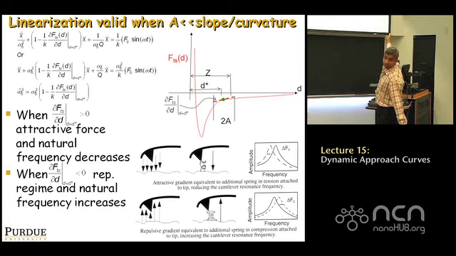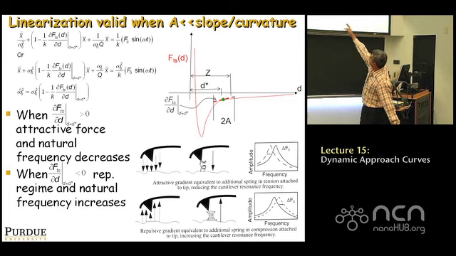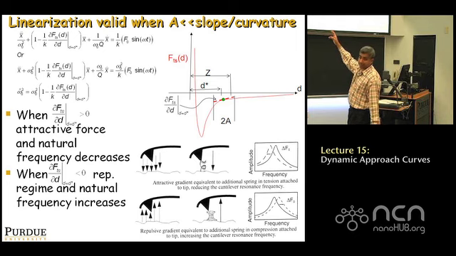Everyone with me on that? Yeah? Okay? So whenever your green dot is to the right of that minimum, partial F partial d is greater than 0, and we call that an attractive force gradient. Not an attractive force, but attractive force gradient. And that feeds into the linearized equation, as I showed you, on the right-hand side with a negative sign, and that's going to reduce the natural frequency of the oscillator, okay?